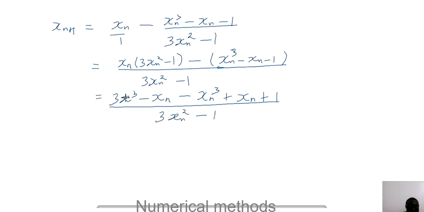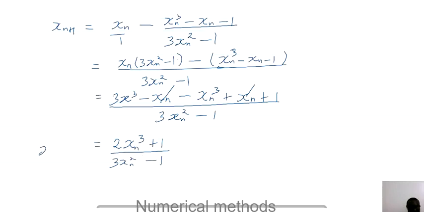So next I'm going to collect the like terms. This here will go away, and then this and that, you can see there, we are going to reduce. This is now going to have 2x_n power 3 plus 1 divided by 3x_n squared minus 1.